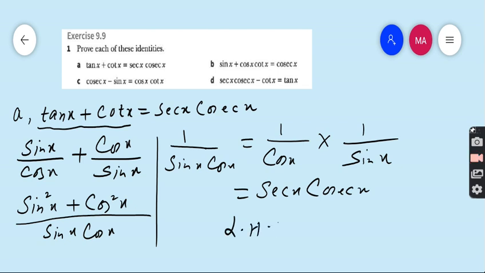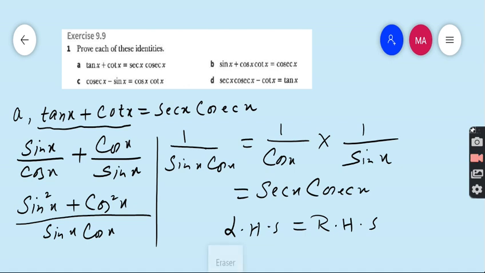Hence it is proved left hand side is equal to right hand side. This is our requirement. So take the side where you can feel that you can easily convert it into the other side. Or another guidance point is take that side which has more terms.